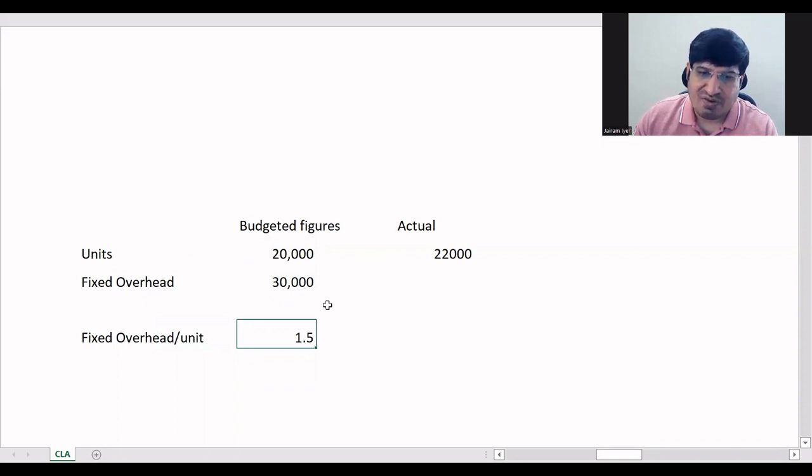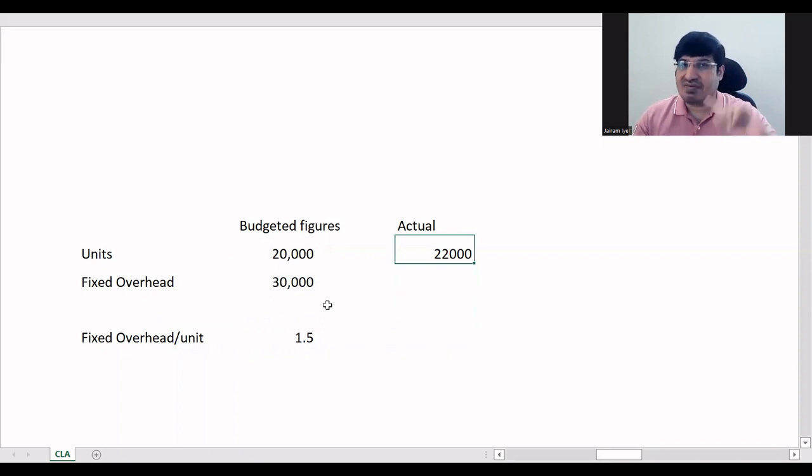So now if I want to find out the fixed overhead figure on standard rate, standard cost of actual quantity, that is our first thing, the very first thing which we compute, which is SR into SH, SR SH.